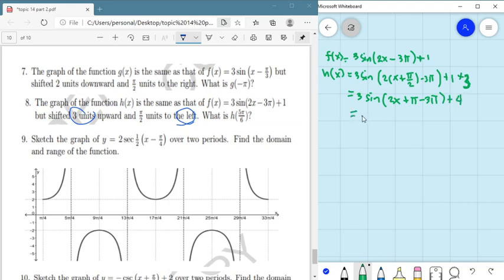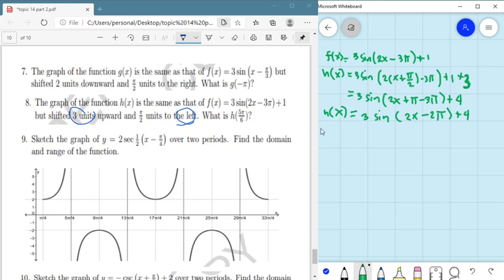And this will be 3 sine of 2x minus 2 pi, because pi minus 3 pi is negative 2 pi plus 4. Okay, so this will be the simplified equation of h of x.